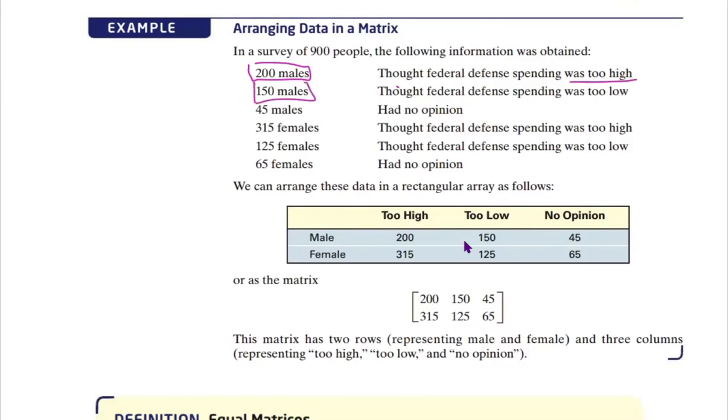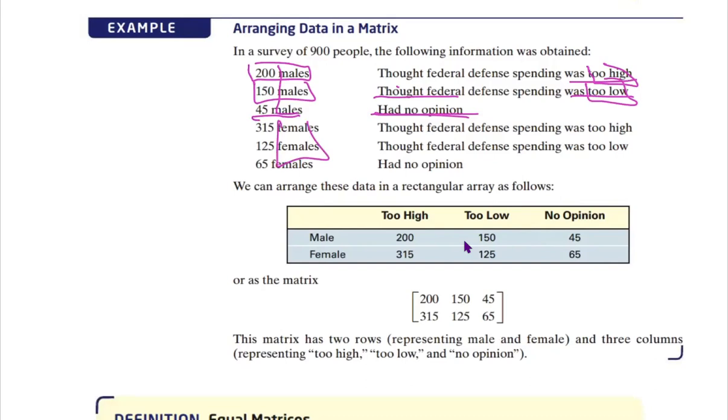We got 150 males who thought federal defense spending is too low. 45 males had no opinion. So we have 3 characteristics: too high, too low, no opinion. And then we have actually 2 categories: male and female.